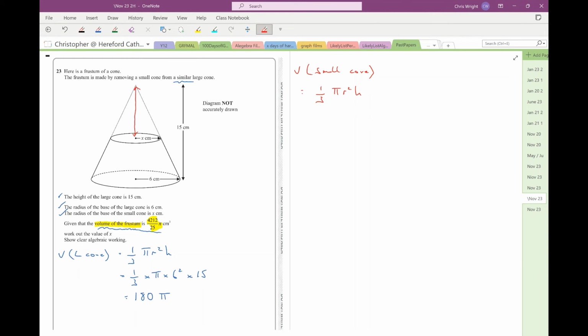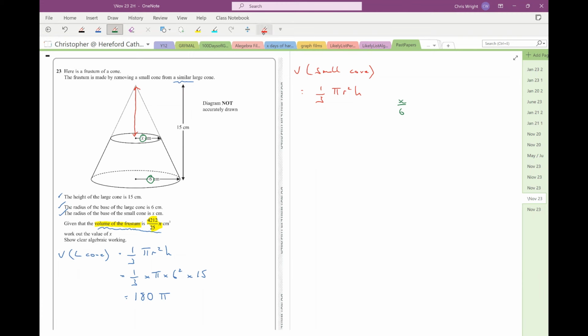So the small cone has a radius of x compared to a radius of 6. So the ratio of those sides, the small cone has a radius which is x over 6 of the large cone. So the small cone's height will be x over 6 of the large cone's height.